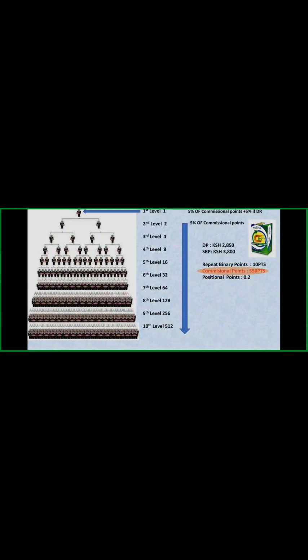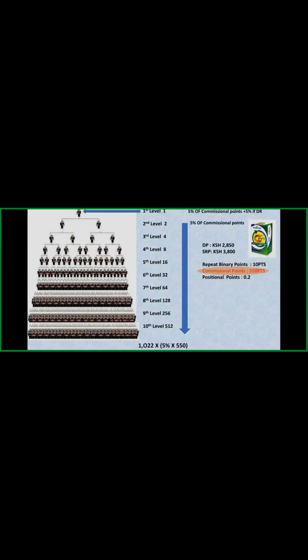So this is it. Just like I told you, 5% of commissional points. The product we had looked at was C24/7, which came with 10 binary points. These 10 binary points are what we used to match to make 4800, and these commissional points are what we have used here and we are still going to use them later. Now these positional points are what we used to get rank.